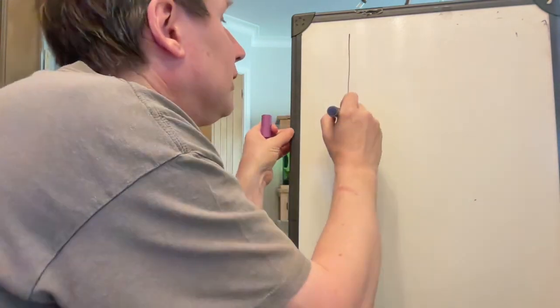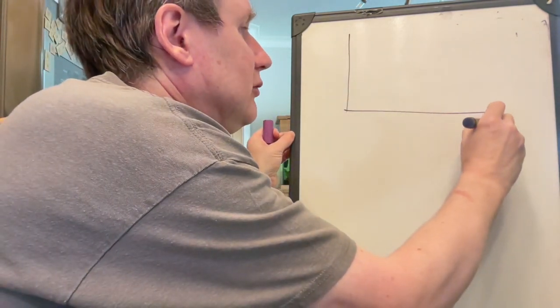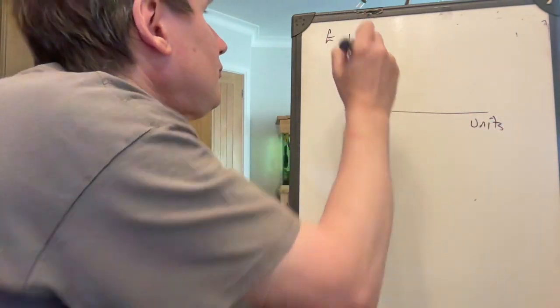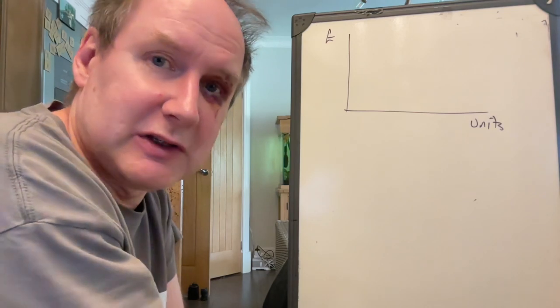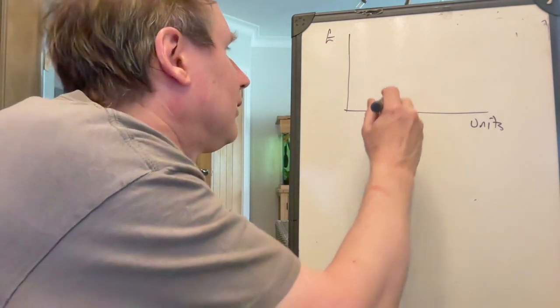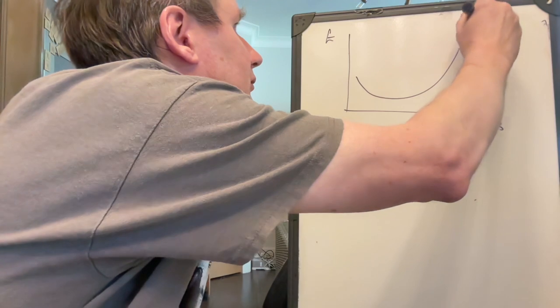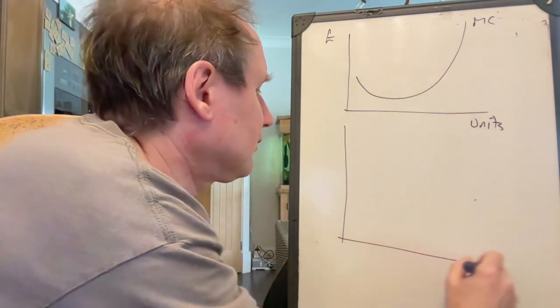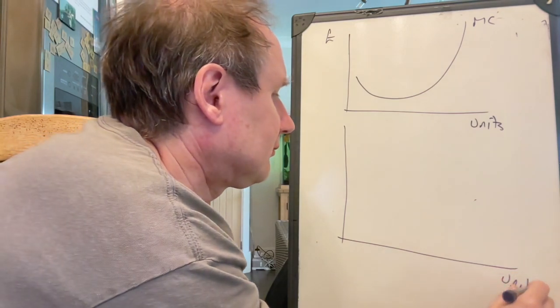Again, this remains units of stuff now, not workers. That's money, costs in this case. Eventually it's going to be revenue, and we know that marginal cost looks like that. So what does my total variable cost look like?